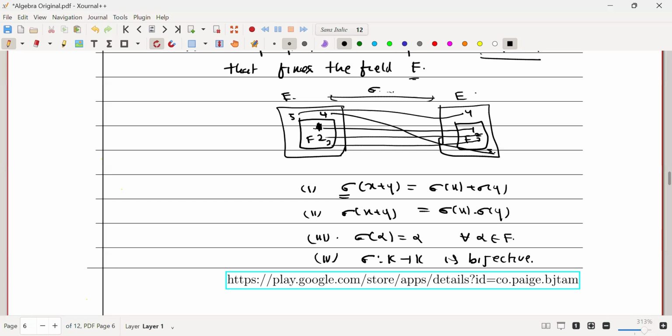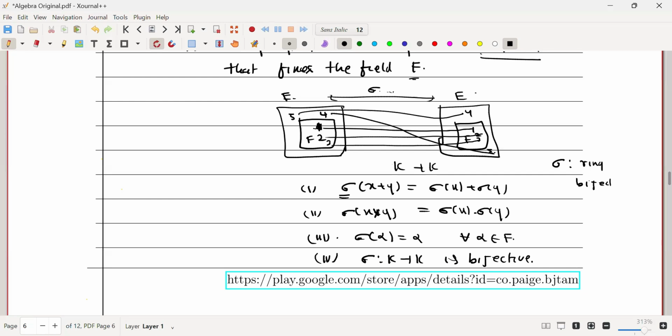Sorry, sigma of x plus y, x into y. Ring homomorphism, sir. Sigma is nothing but field to field, so it must be a ring homomorphism first, and bijective, then it is an automorphism. Since the domain and codomain are the same set, every isomorphism from the field to itself is called an automorphism.